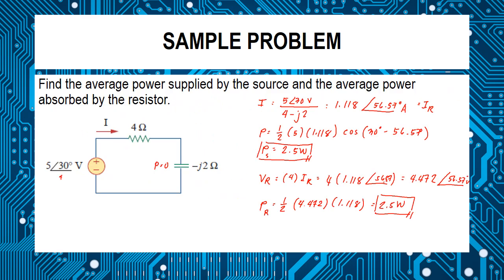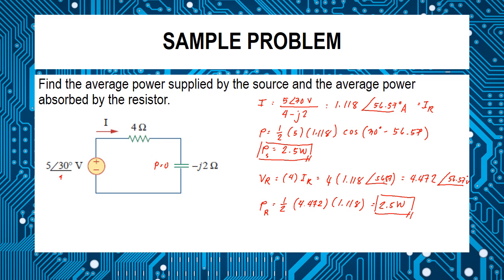Next, we have to find the average power supplied by the source and the average power absorbed by the resistor in this circuit below. We have here 5 angle 30 as the voltage source and the series combination of a 4 ohm resistor and a negative j2 ohm capacitor. So in order for us to get the average power, just like the previous example, we have to find the current first.